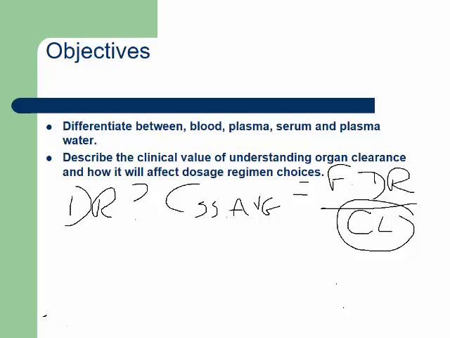Our other part of our dosing regimen is our dose interval, or tau. We determine tau based upon our peak to trough ratio, right? Our peak to trough ratio is 1 over e to the negative k tau.